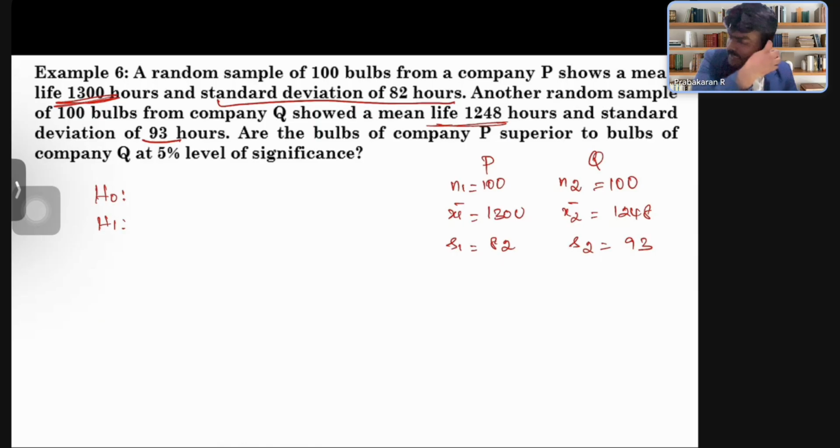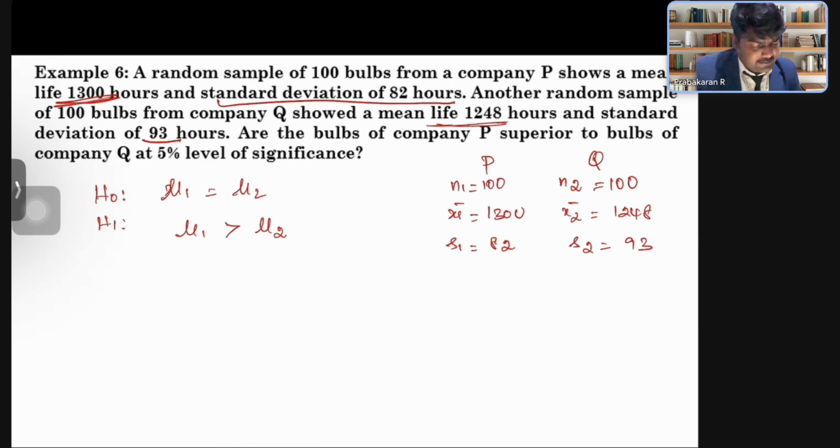If you want to write it in terms of notation, both means are equal, that is mu1 equals mu2, and H1 is mu1 is greater than mu2. You might wonder why we denote mu1 and mu2 instead of x1 bar, since we are comparing the two sample means.